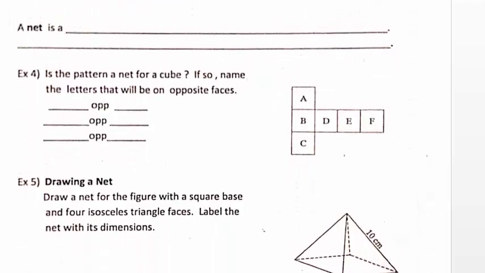The last figure we have is what we call a net, and most people have seen a net before. A net is a shape that can be folded to make a 3D structure.